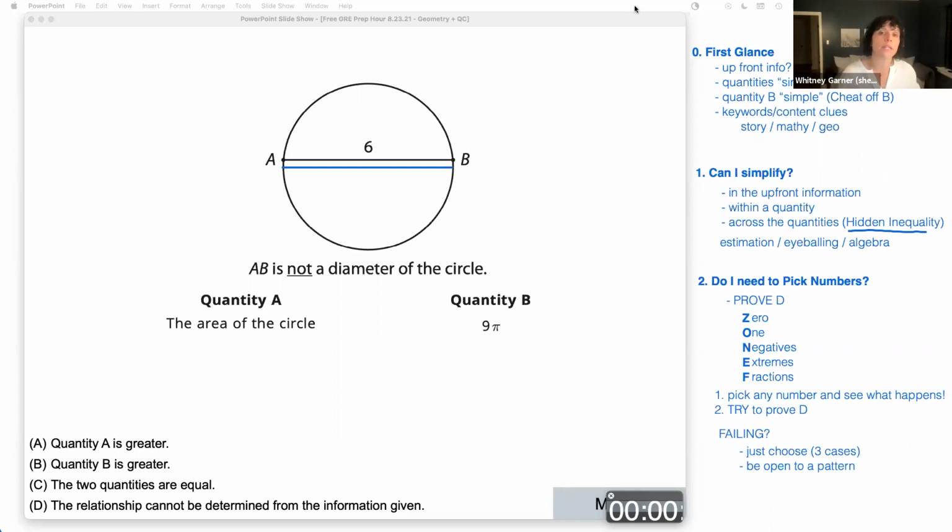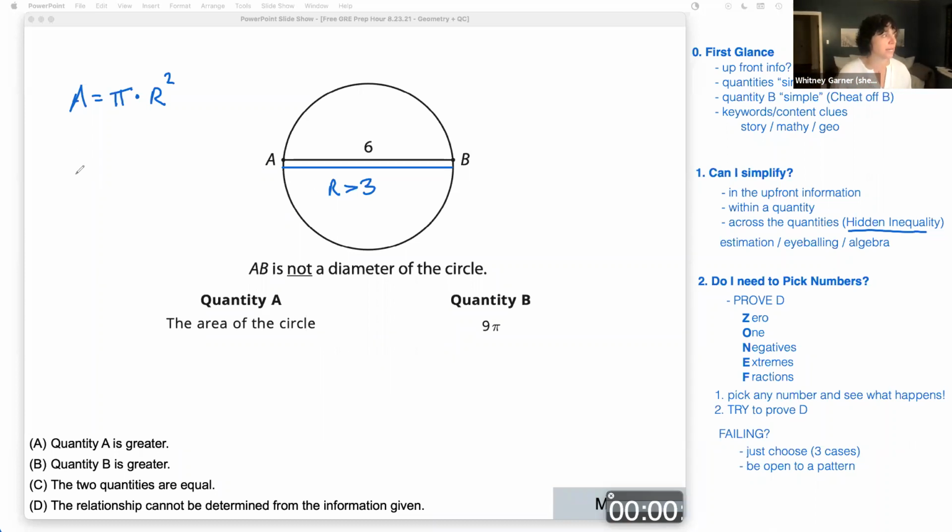So my formula for the area of the circle is pi times the radius squared. If I know that the diameter is bigger than 6, then I know that the radius is bigger than 3. So at its edge, let's pretend that the radius was 3.